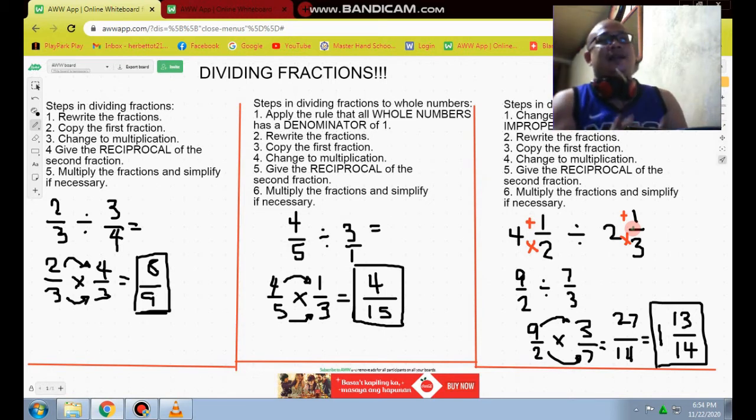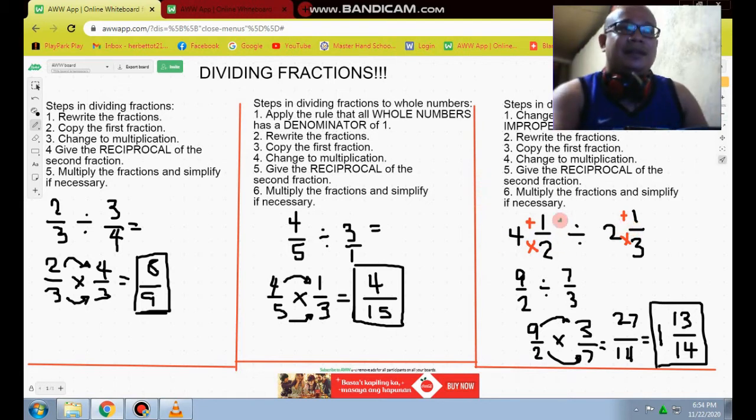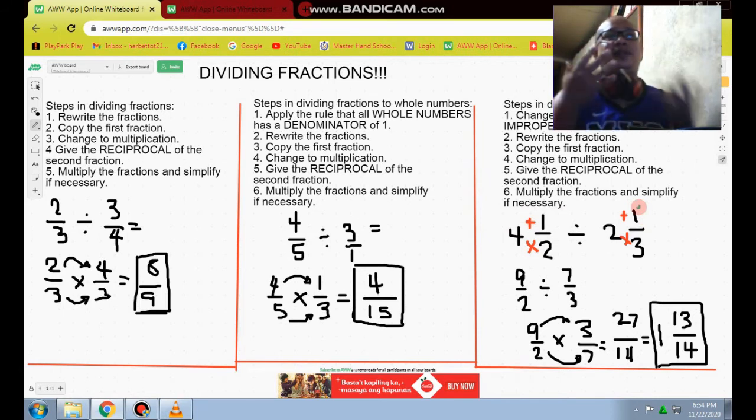Okay? Ayan. And then also, for example, if the given is a mixed number and a whole number, so dun sa whole number, i-apply ninyo yung rule that all whole numbers has the denominator of 1, and then sa mixed number, you change that into improper fraction. So it depends upon the given. Okay, kung ano yung gagawin mo.